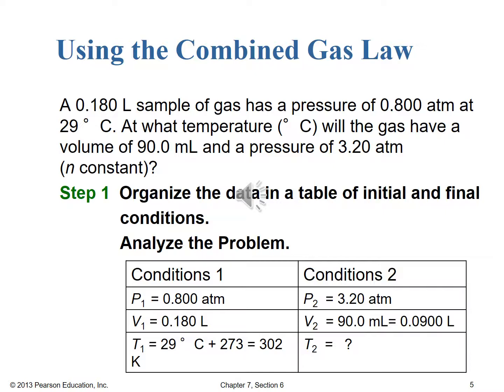Our condition 2, our final conditions, we know that pressure 2 will be 3.20 atmospheres, volume 2 will be 90.0 milliliters, which we can convert to 0.0900 liters. Likewise, we could have converted that 0.180 liters into 180 milliliters. We just had to convert one way or the other, and here I've selected to go into liters for both. And then finally, T2 is what we're solving for, first in Kelvin and then back into Celsius.